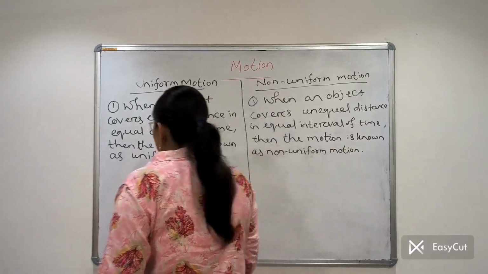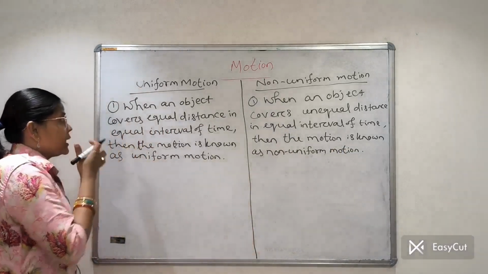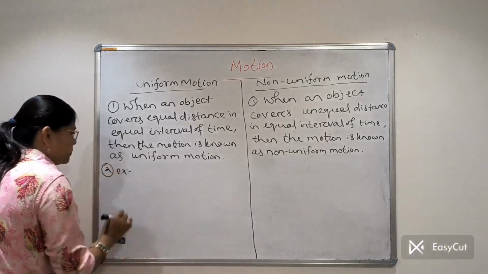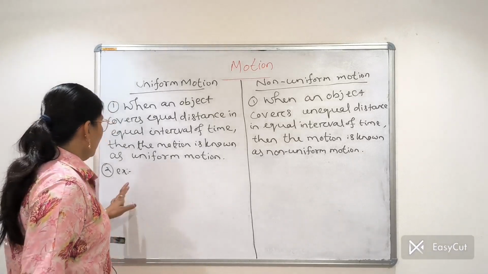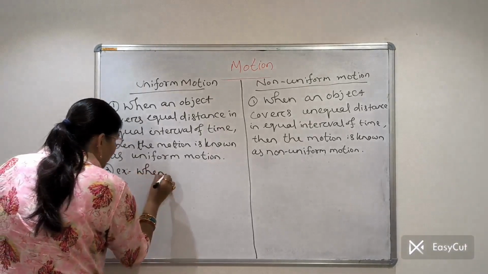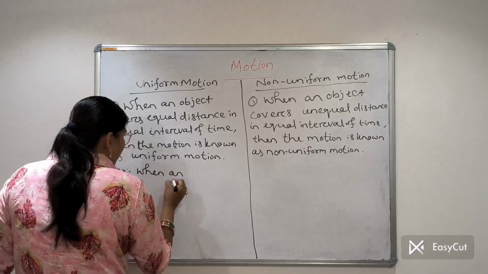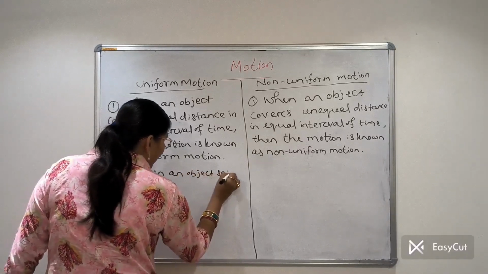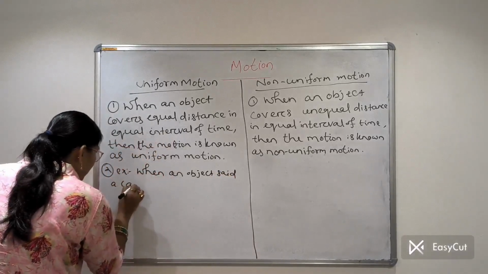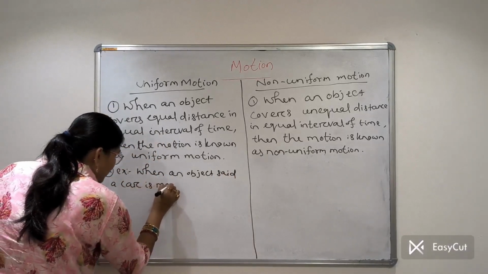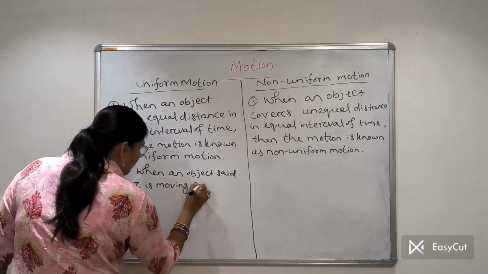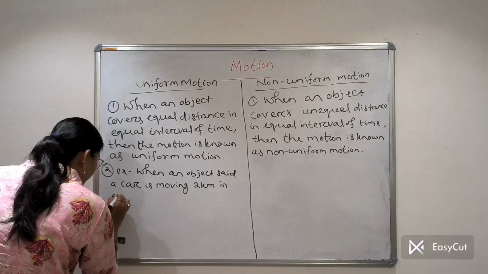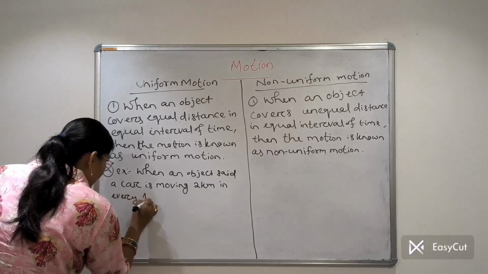So what are the examples? When an object is said to be in uniform motion, number 2 is example. An object, say a car, is moving 2 kilometers in every 10 minutes.